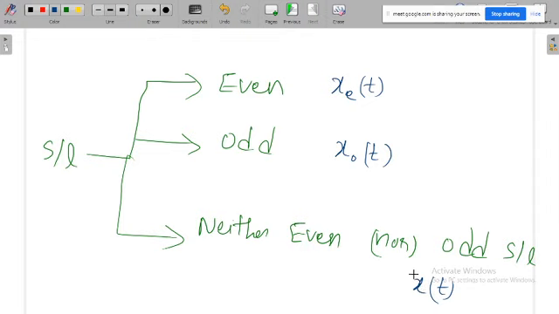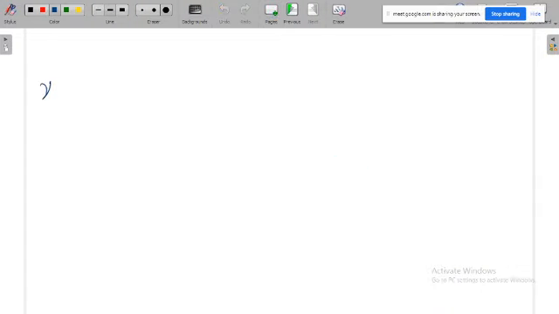Now again, if the signal is neither even nor odd, we can do one thing. The signal is made up of an even part and an odd part.